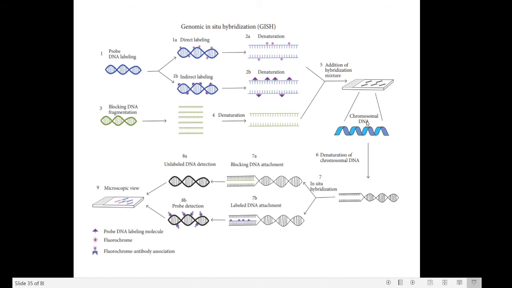This normal DNA chromosome is formed, and the formed DNAs have the directly labeled molecule and the indirectly labeled molecule. In this structure we can see the probe with the signal, the directly labeled signal and the indirectly labeled signal on the surface. This is the incorporation. This is the hybridization, making the hybrid at chromosome level.